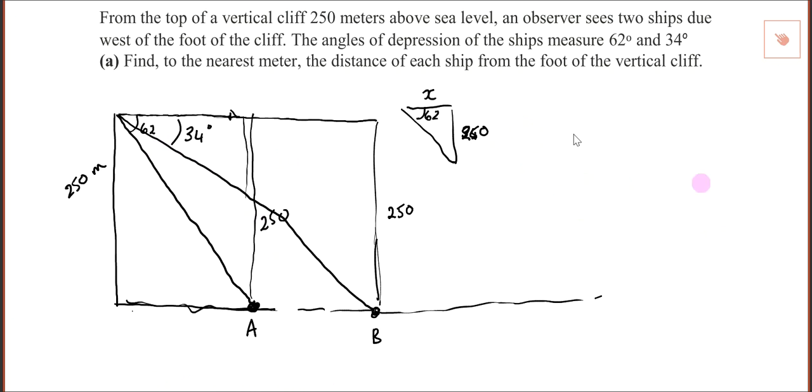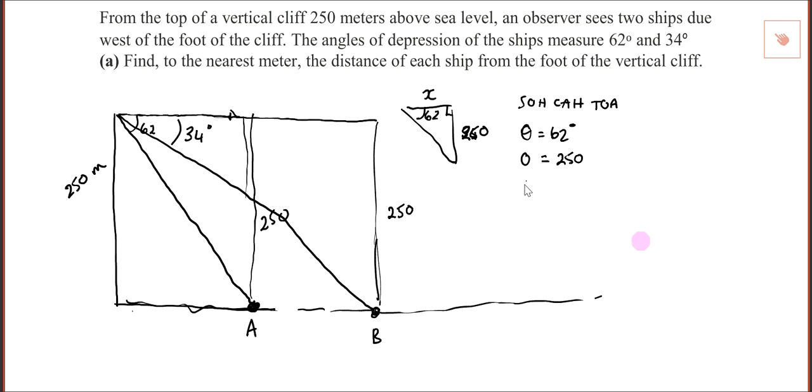So what am I using? This is the adjacent side that I'm trying to find. So if I do SOHCAHTOA, the angle that I know is 62 degrees. Okay, the opposite side is 250.